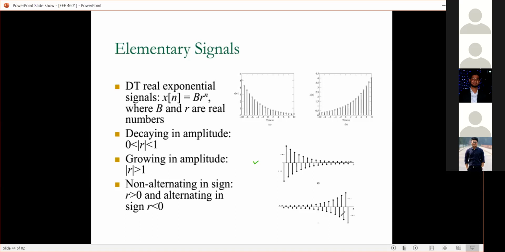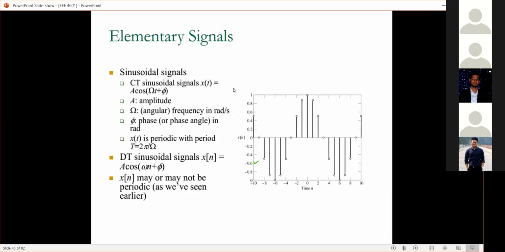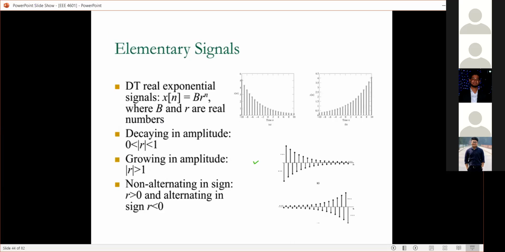Yes, sir. Because if r is greater than 1 and n is increasing from 0 to infinity, your signal value will gradually increase and become unbounded.